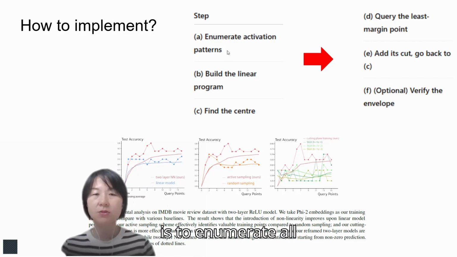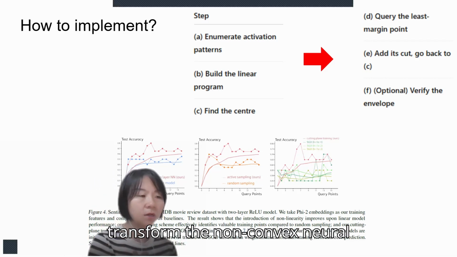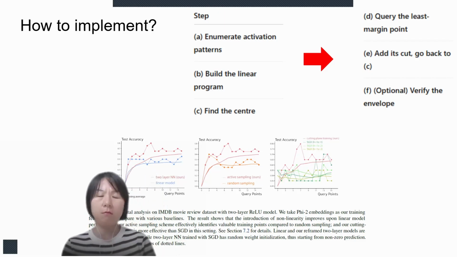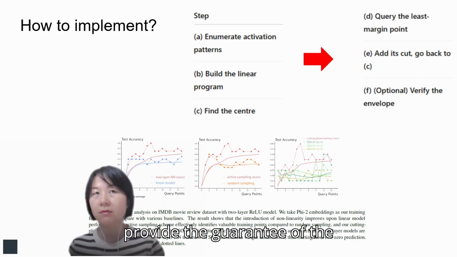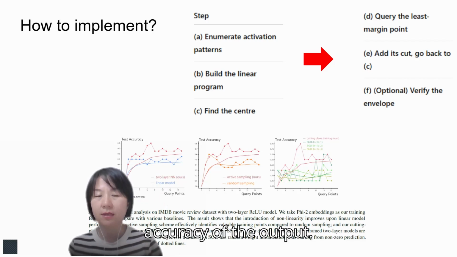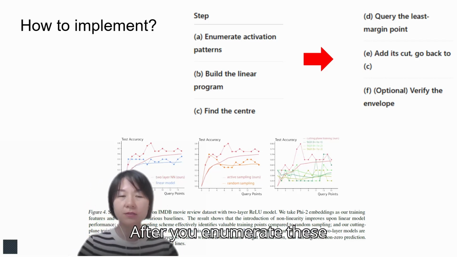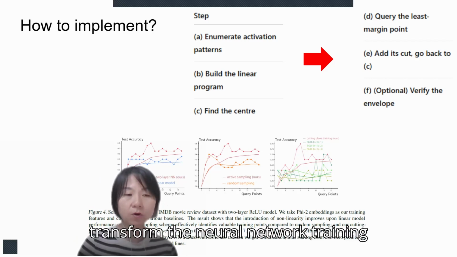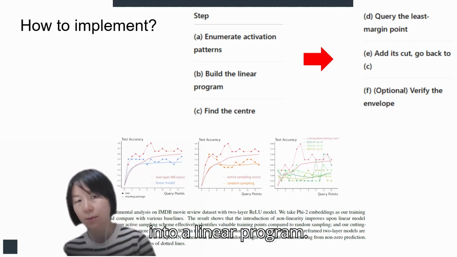So the first step is to enumerate all possible patterns, and this step can transform the non-convex neural network into a convex neural network. That is the key step, how they can provide the guarantee of the accuracy of the output. After you enumerate these patterns, you transform the neural network training into a linear program.